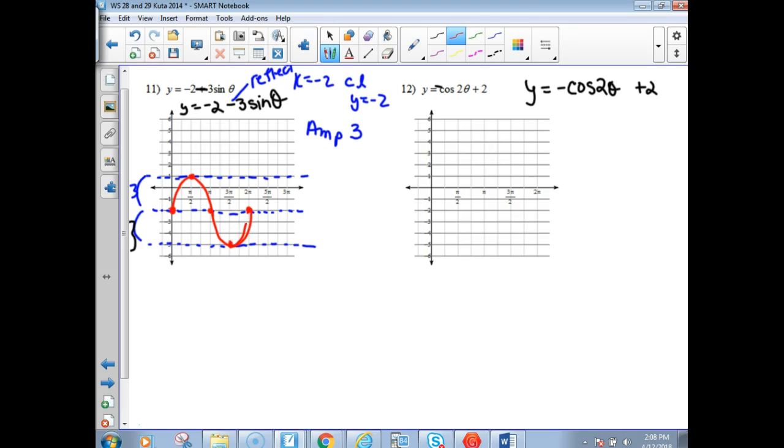And for that one cycle, we need to provide the 5 key points. The 5 key points would be 0, -2, pi/2, 1, pi, -2, 3 pi/2, -5, and 2 pi, -2.